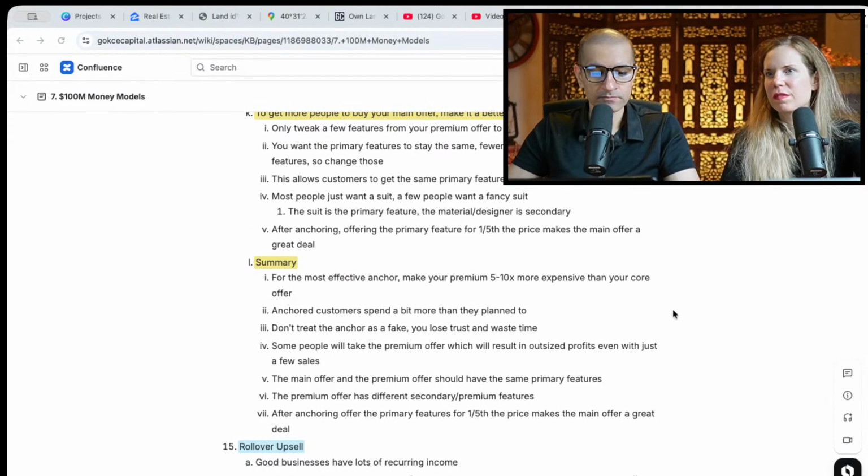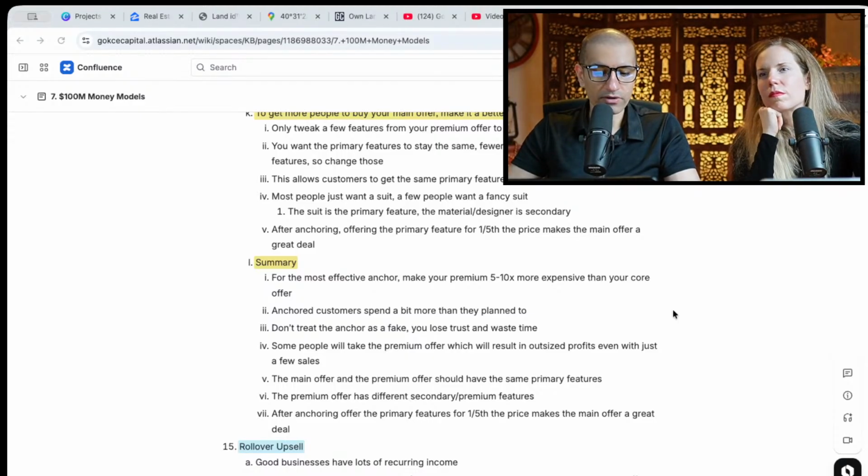All right, summary. For the most effective anchor, make your premium 5 to 10 times more expensive than your core offer. Anchored customers spend a bit more than they plan to. Don't treat the anchor as a fake. You lose trust and waste time. Some people will take the premium offer, which will result in outsized profits, even with just a few sales.